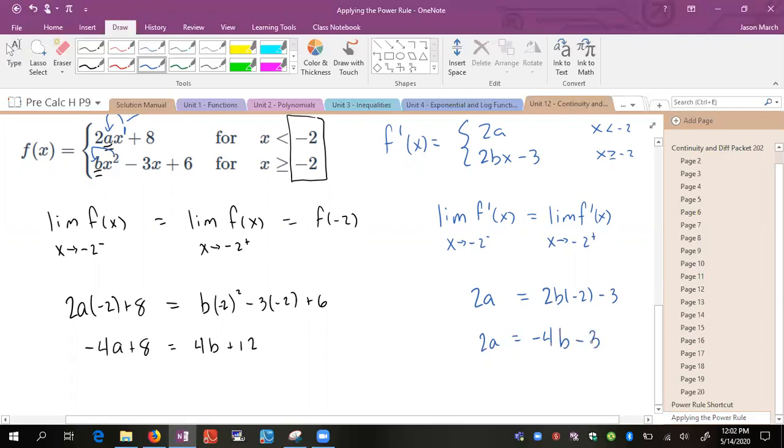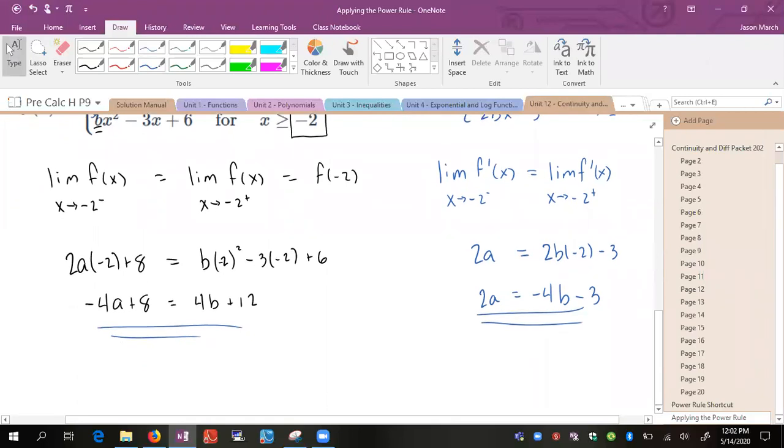So now you can see we have a system of equations. We have two equations, and we can line them up and solve it. I'll move this over to this side by subtracting the 8.